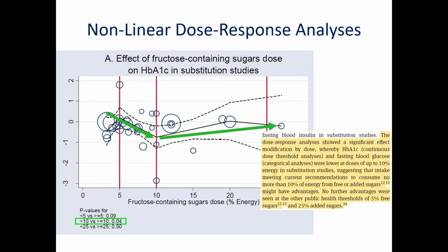The World Health Organization, among some other organizations, recommends less than 10% of energy to be consumed as free sugars. The largest reductions in HbA1c were seen only at doses up to 10% of energy, and no dose-response effect is observed beyond 10%. As the authors note, there may be a benefit to recommendations of no more than 10% of energy from free or added sugars. However, there are no further advantages at the other public thresholds of less than 5% of free sugars.